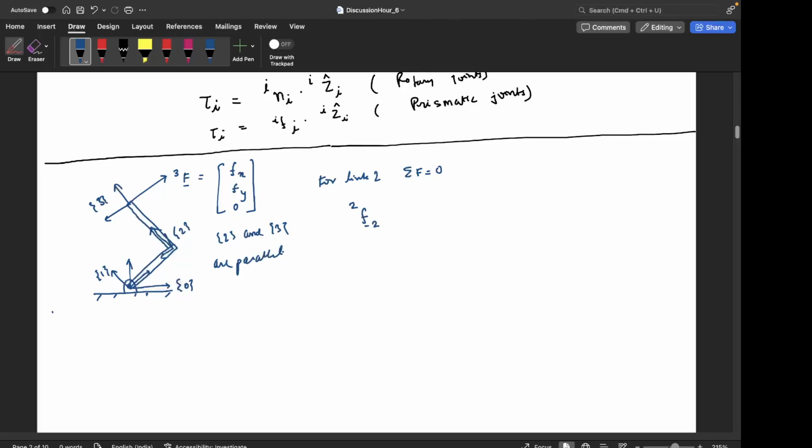There is no change in orientation between these two frames. So F2 is minus this F, which has the same representation in the second frame also. This is equal to 0. So F2 is Fx, Fy, and 0.